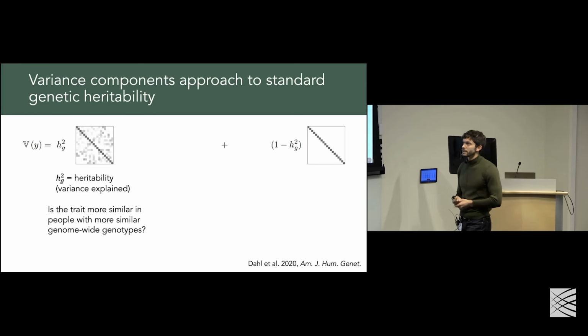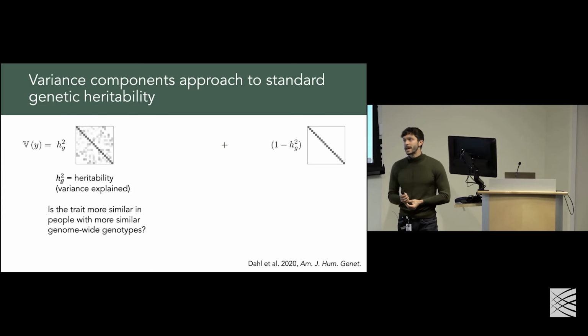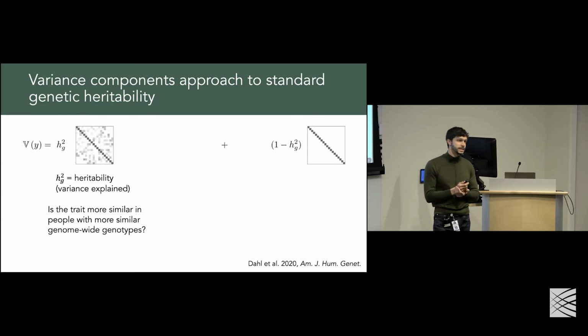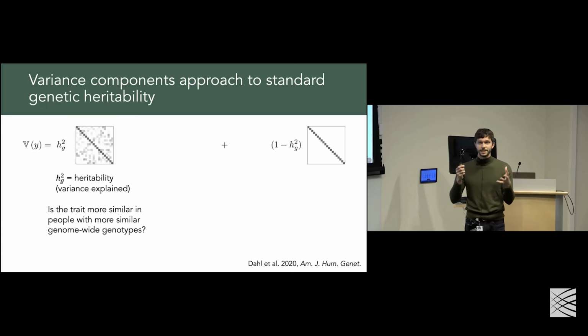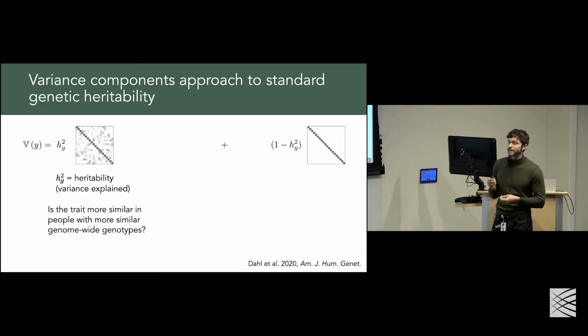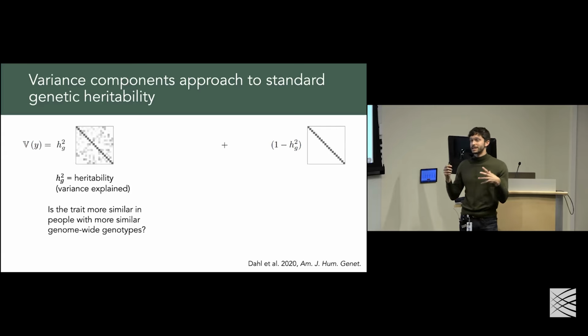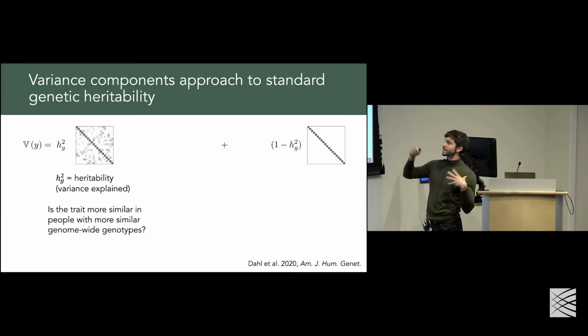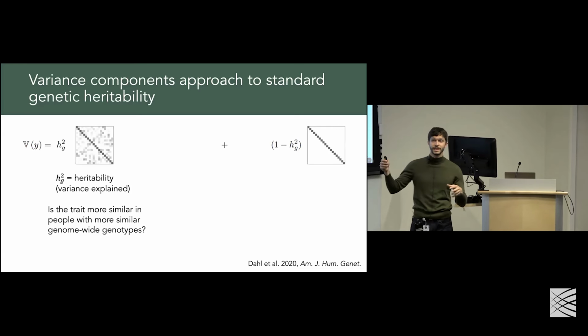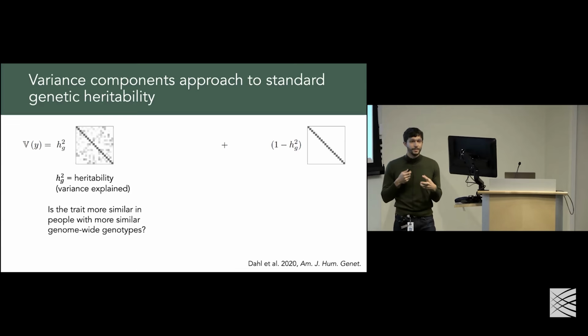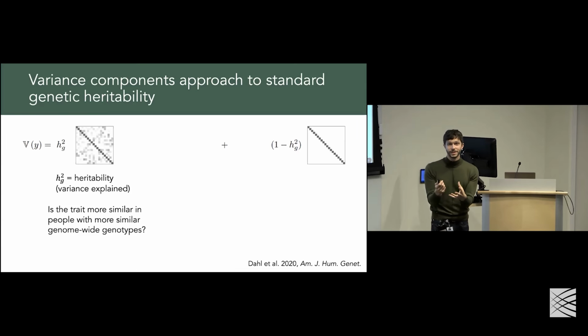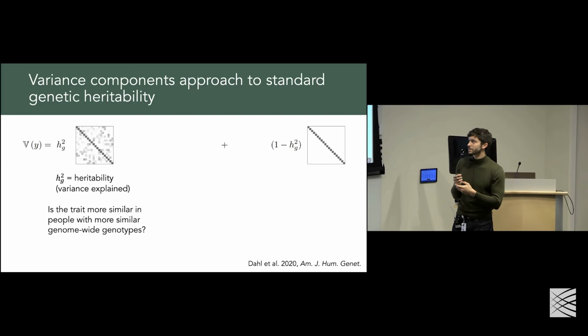To tackle the first one, some of you might be familiar with variance components methods. This is a class of statistical methods where our goal is to estimate, based on some matrix of similarity between a bunch of individuals in a data set, how that type of similarity, whatever it is, contributes to similarities in the actual trait of interest.